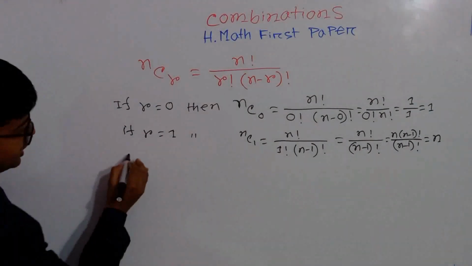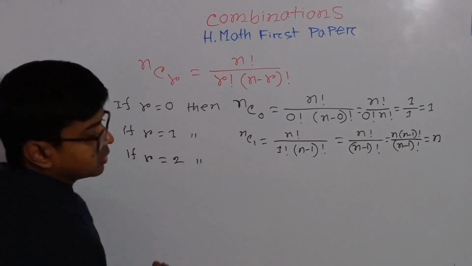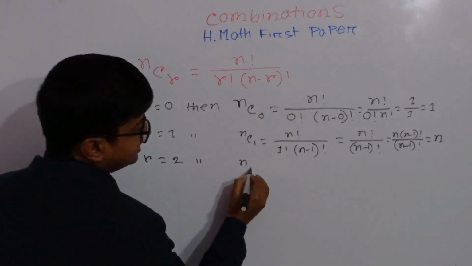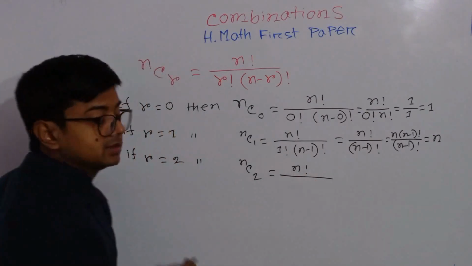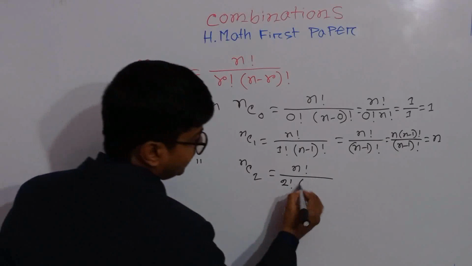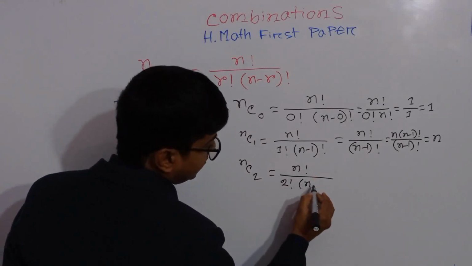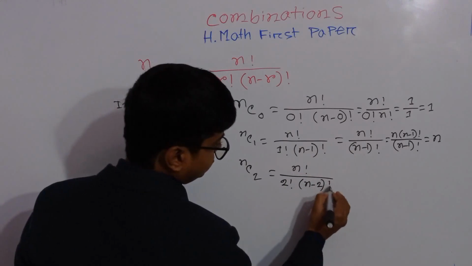Now we can write here, if r equals 2, nC2 equals factorial n by factorial 2 and factorial n minus 2.